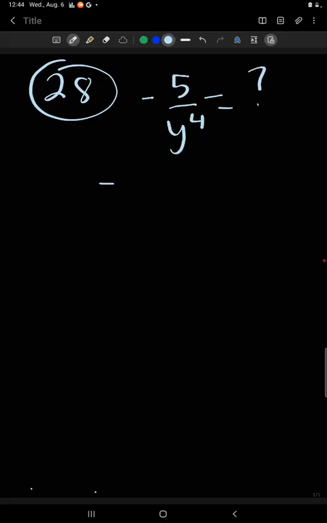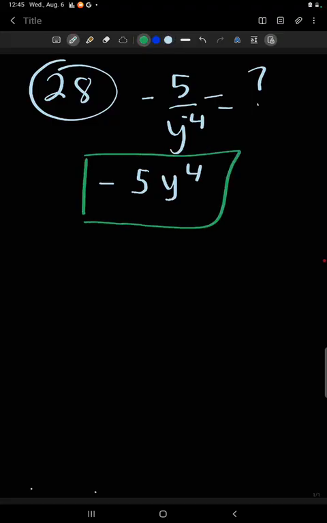Okay, the negative remains. It's negative 4 here, sorry. So it's negative 5 and then y to the power 4. That's our answer right here.